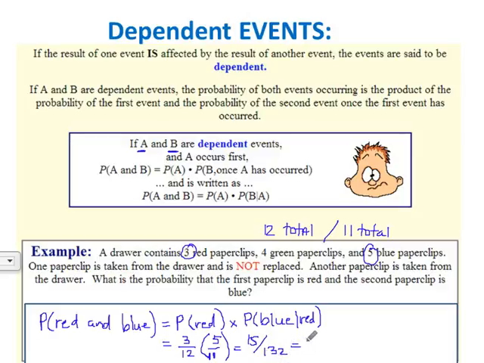Again, I can change that to a decimal. 15 divided by 132, I get 0.11, or an 11% chance of that happening. So we had a different probability than when we replaced the paper clip. Holding on to that paper clip is going to affect the outcome of our second reach-in and choice.